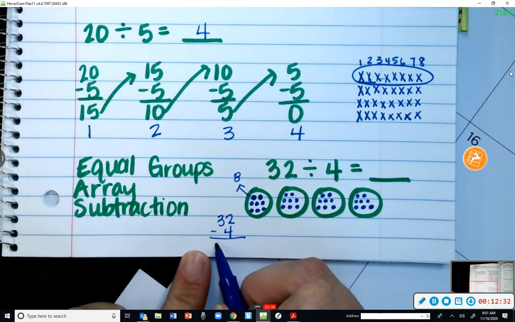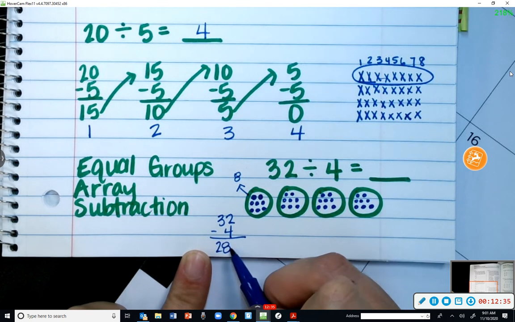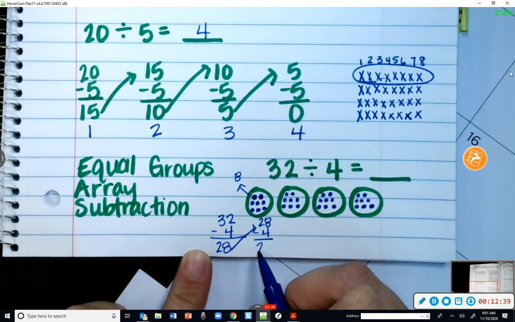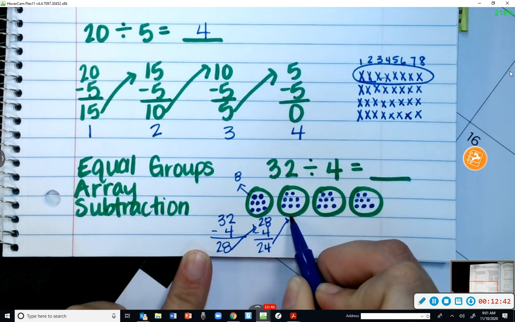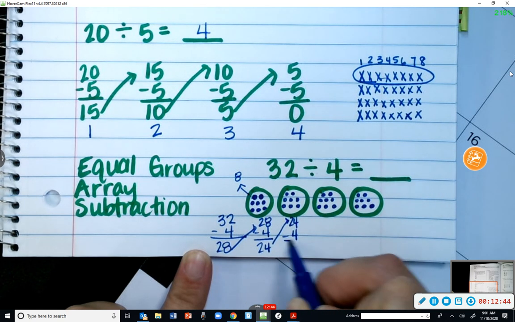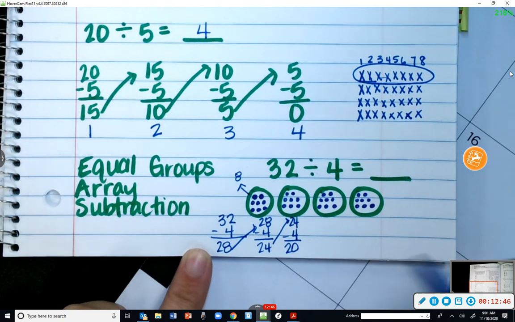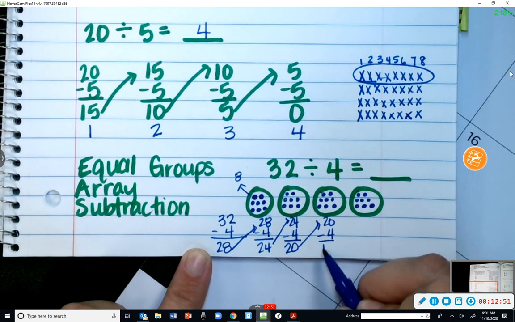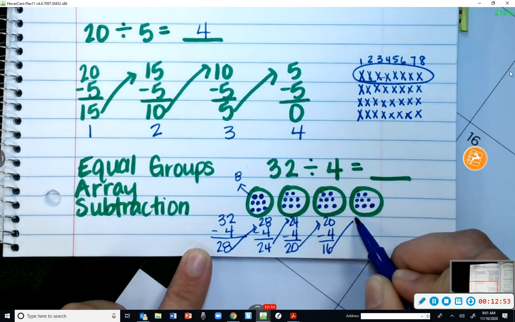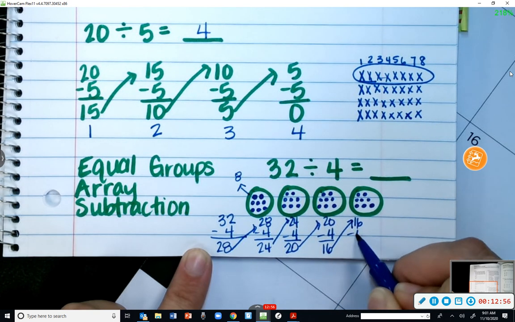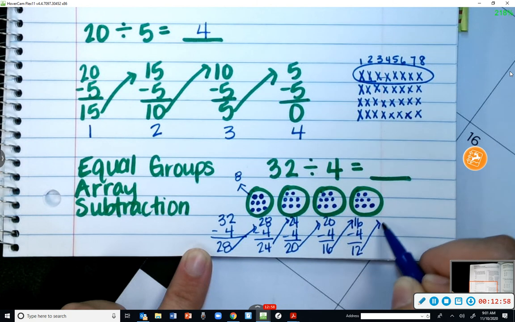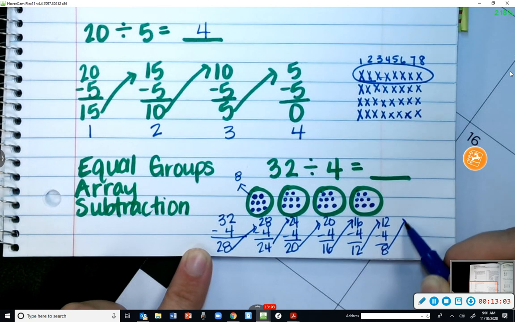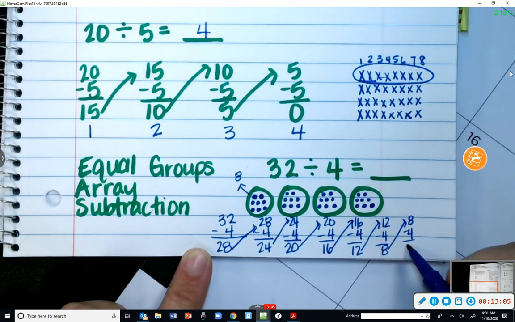Okay, this would be 28. 28 minus 4. 24 minus 4 is 20. 20 minus 4. 16 minus 4 is good. 12 minus 4. 8. 8 minus 4. 4.